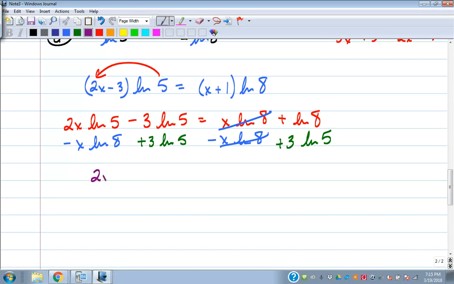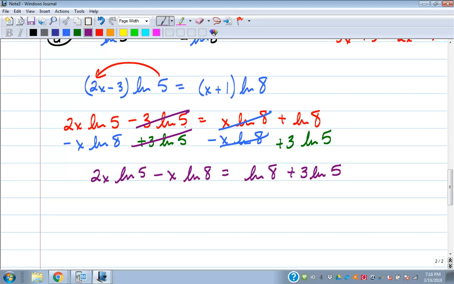So that's going to give me 2x natural log of 5 minus x natural log of 8 equals natural log of 8 plus 3 natural log of 5. Ooh, doggies, that's a lot of stuff. But we're just 2 steps away from getting the answer.